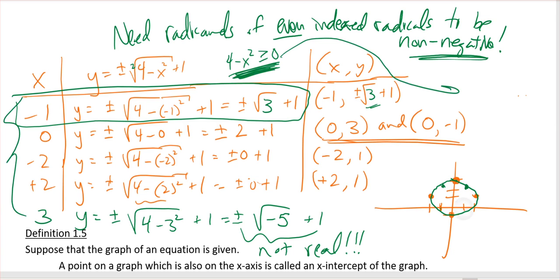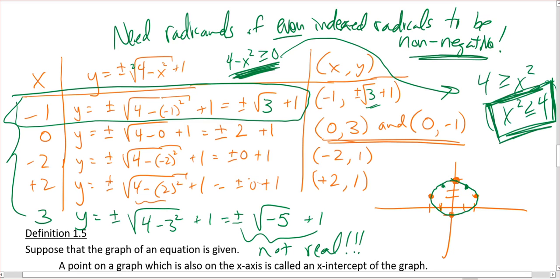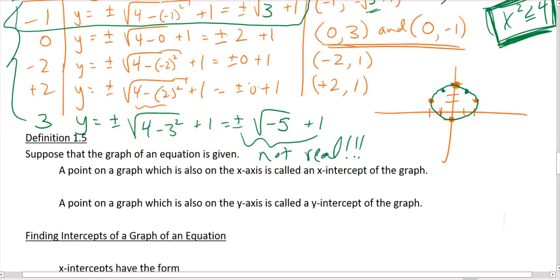If I come over here, we could say that 4 has to be greater than or equal to x squared, or x squared less or equal to 4. So this tells us what we need to choose. Any x such that the square of it is less or equal to 4. Those are legal values to choose. Anything else is going to give us a number that's not real. We'll talk more about solving inequalities of this type later on, but I think we got the general idea at this point.